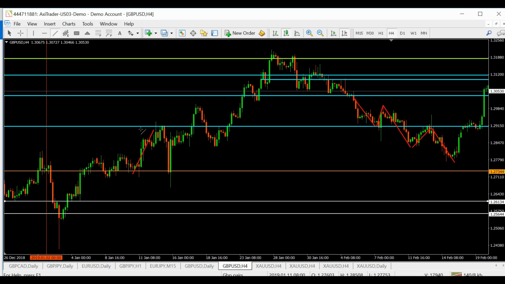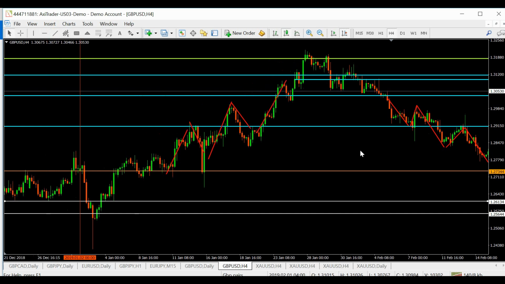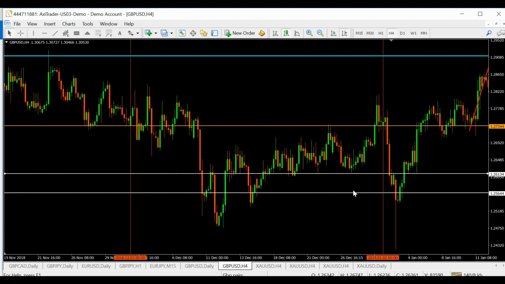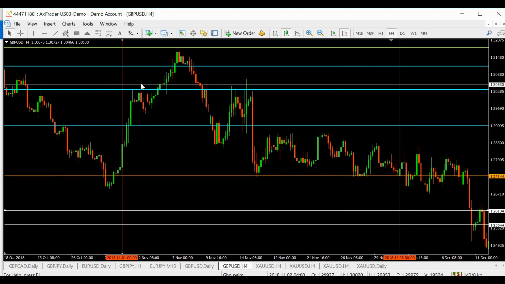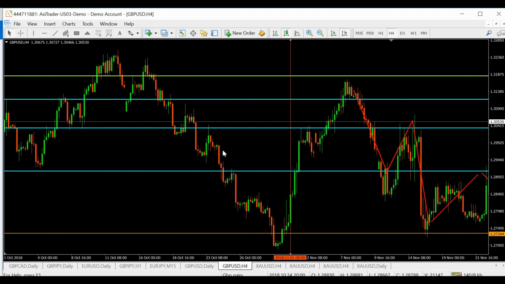Initially it drops, after that it breaks, after that it retests, after that it goes up. This is an uptrend, this is a downtrend. Same here. Stops, goes up, breaks, retests in that same area, after that it goes down exactly.